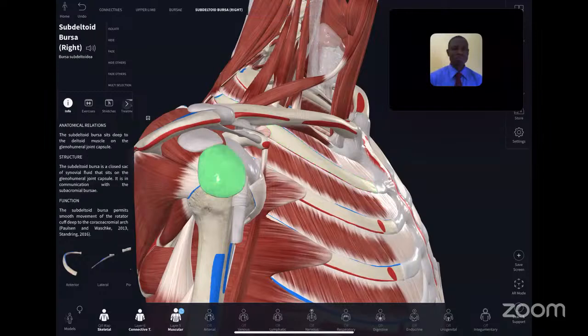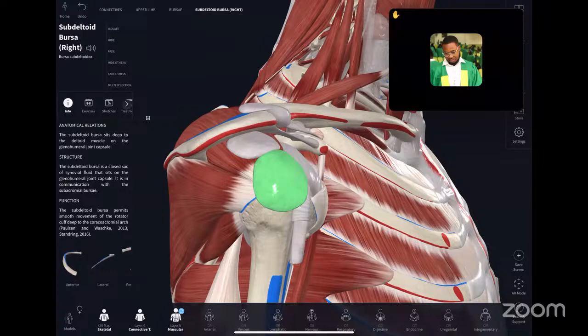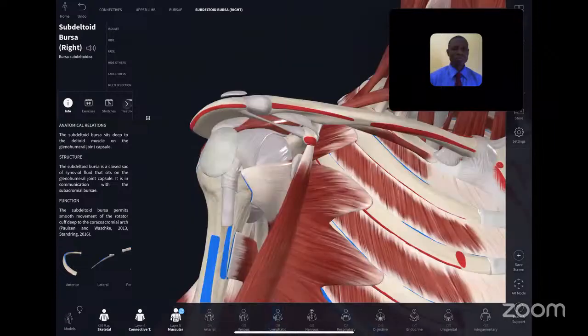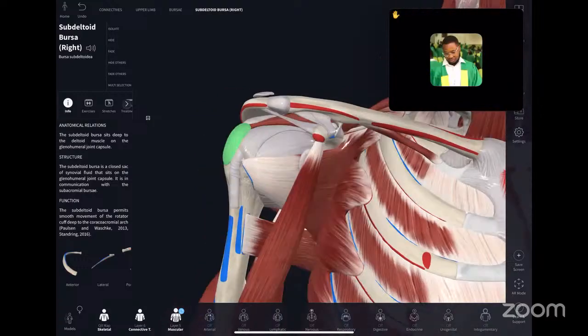Hello, Prof. During the initial part of your submission, you made mention of the sulcal sign being visible anteriorly.